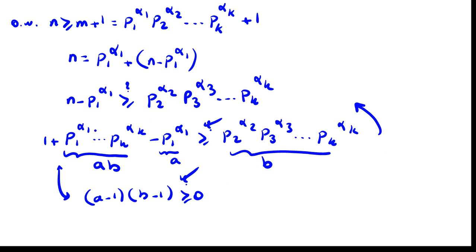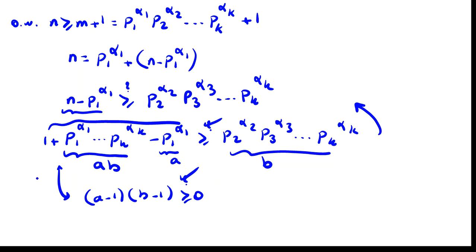So how can we prove this? It is equivalent: if I prove this, then I can prove that. Why? Because I know n is at least this. So I can say this term is at least 1 plus p1^α1 to pk^αk minus p1^α1. If I prove this is greater than that, I can prove this.